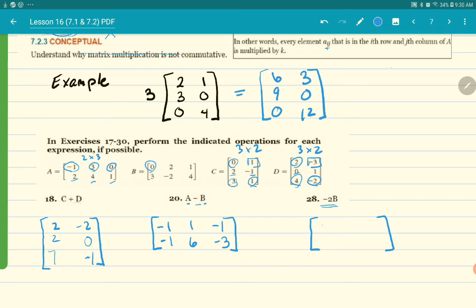So 0 times negative 2 gives me 0. 2 times negative 2 gives me a negative 4. 1 times negative 2 gives me a negative 2. 3 times negative 2 gives me a negative 6. Negative 2 times negative 2 gives me a 4. And negative 2 times 4 gives me negative 8. So that's 17 through 30 with some addition, subtraction, and scalar multiplication.